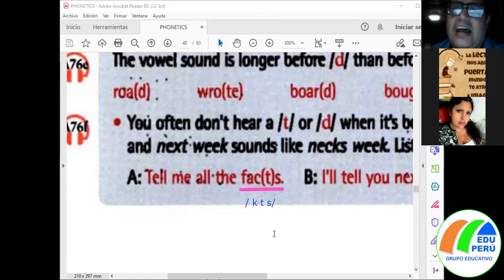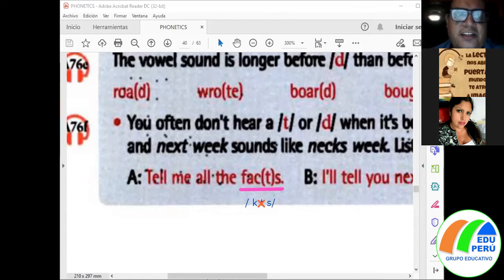So what are we gonna do? What native speakers do with three consonants together: we omit one of them. Which one do we omit? The middle sound. Which is the middle sound? Unluckily, the middle sound is the sound ta. So you don't pronounce it. You don't pronounce the sound ta. You say facts.